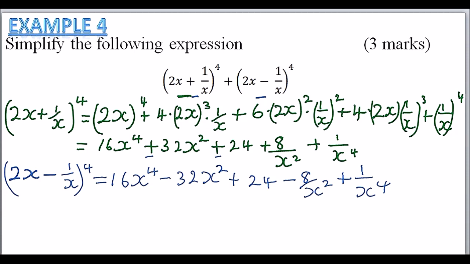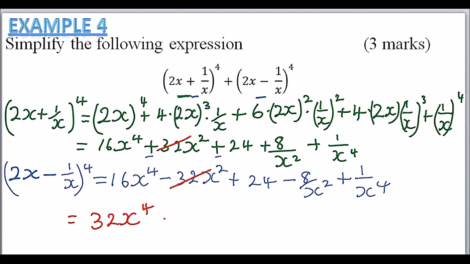From there, we are supposed to add the two. So if you add the upper one and the lower one, you can see we have 16x to power 4 and 16x to power 4. So this will give us 32x to power 4. Then the next one, we have 32x squared and minus 32x squared. So this will cancel with that one. Here we have 24 and 24 here.